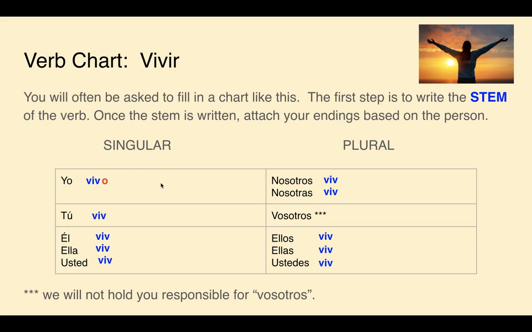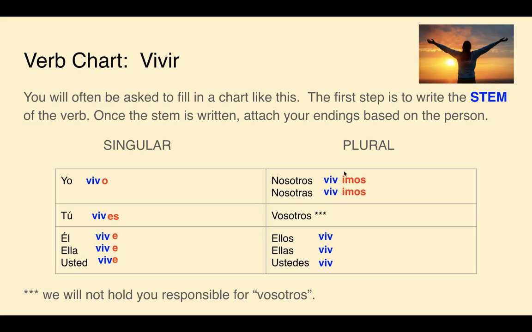Hopefully you wrote in yo vivo, once again, yo form, same conjugation ending, the O. Tú vives, so you live. Él, ella, and usted are all vive. Nosotros, nosotras are both vivimos.